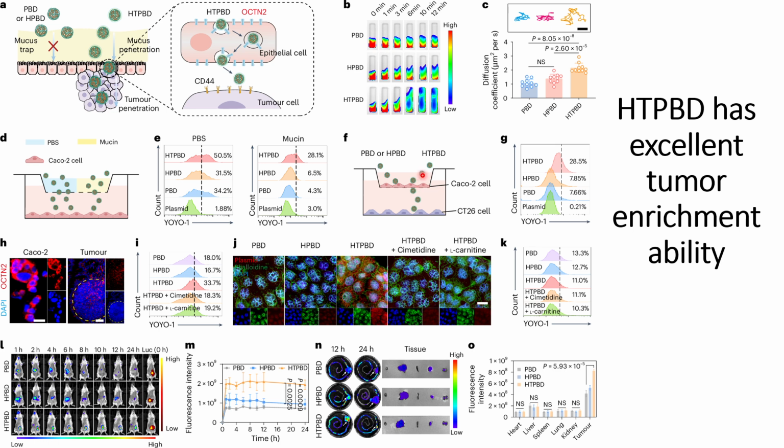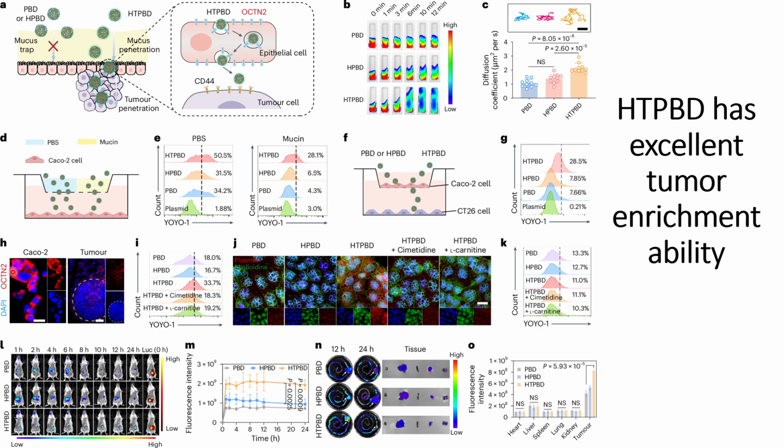It means how easily their reagents or the vectors that they have generated are able to pass through these CACO2 cells, and they can see that the HTPBDs have higher permeabilities, that is around 28.5% compared to its counterparts that have around 7.85 and 7.66%.